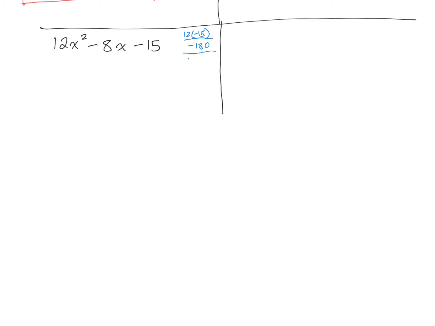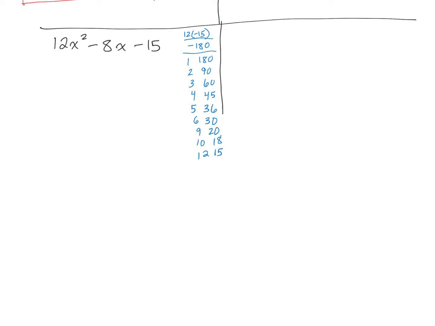So if we list our factors, we know one of them has to be negative, but we'll just leave those off for now. 2 times 90, 3 times 60, 4 times 45, 5 times 36, 6 times 30, no 7. How about 9 times 20, 10 times 18, and 12 and 15.